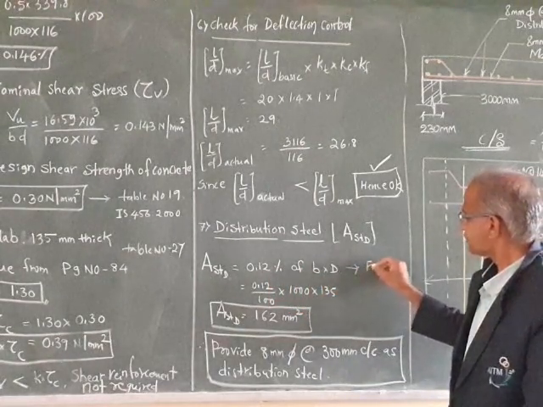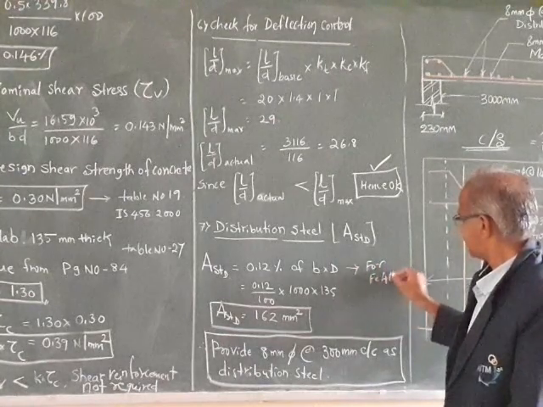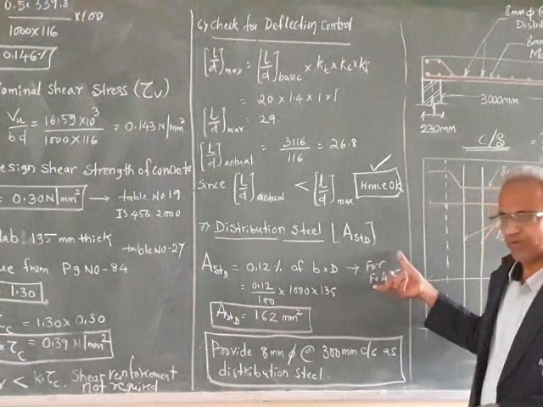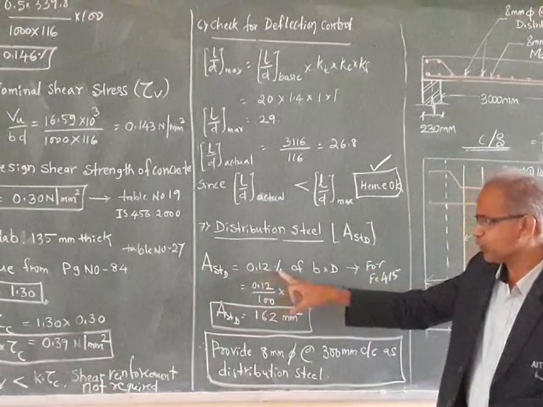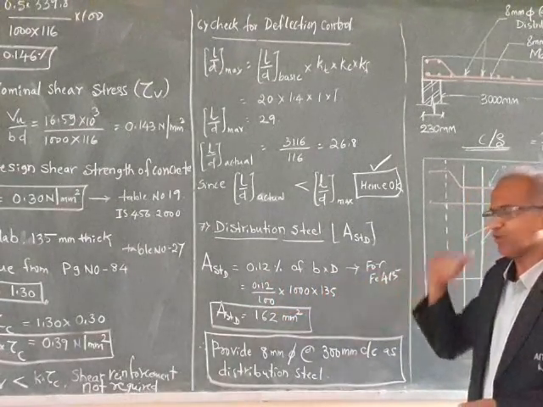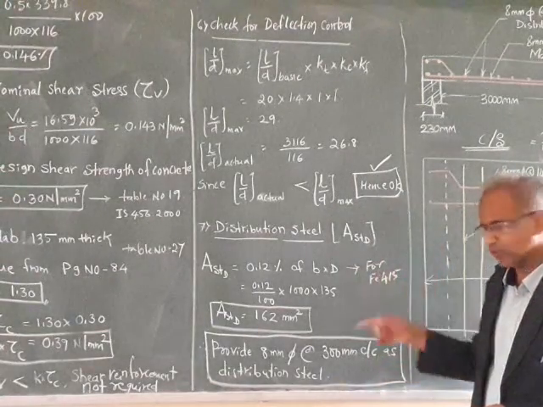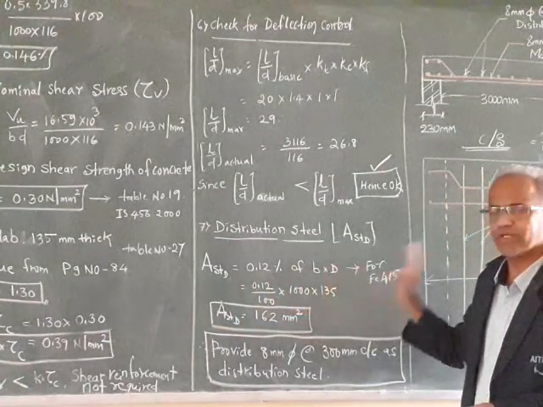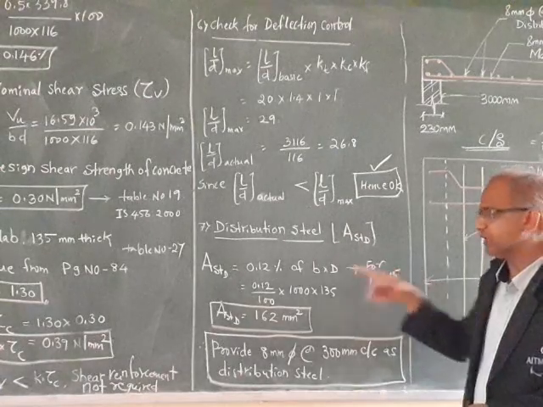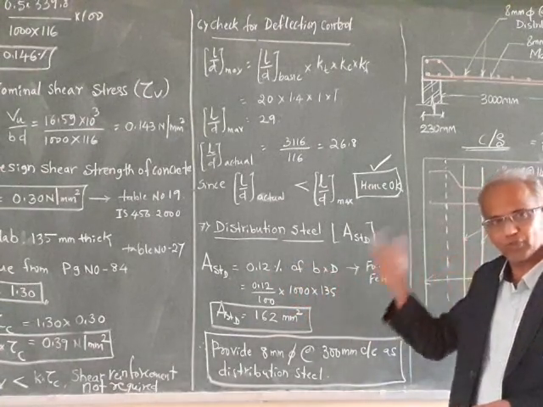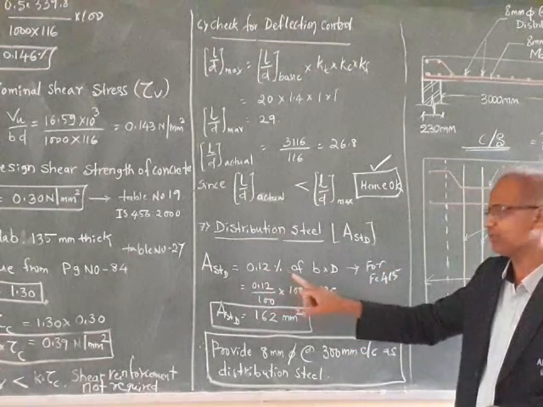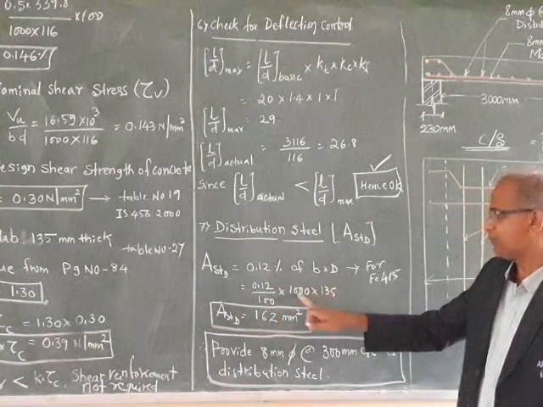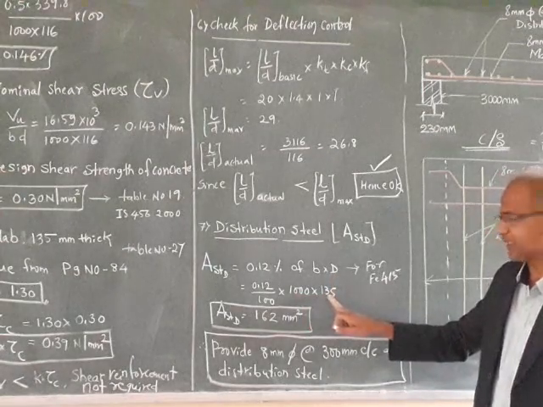This is for Fe415 grade steel. Suppose if you are using Fe415 grade steel for distribution steel, then it is 0.12% of B into capital D. Suppose if I am going for Fe250 grade, then this area of distribution steel will be 0.15% of B into D. Remember, if you are going for Fe415, it is 0.12% of B into D. If you are going for Fe250 grade steel, it is 0.15% of B into D. So 0.12 divided by 100 into B is 1000 mm, D is overall depth of the slab is 135.